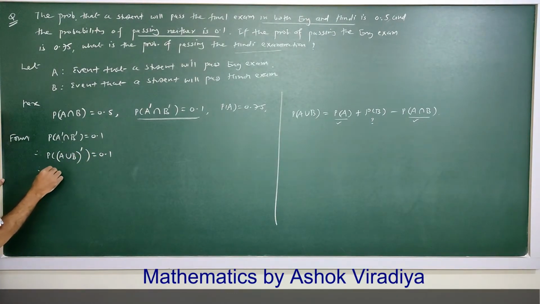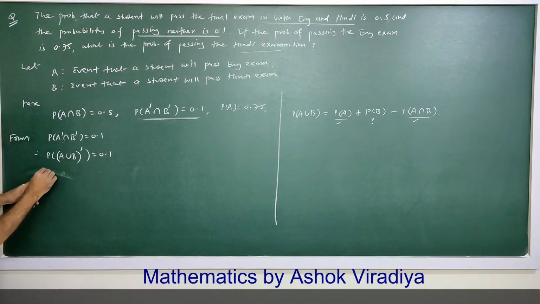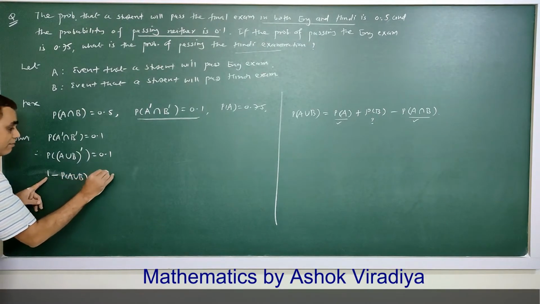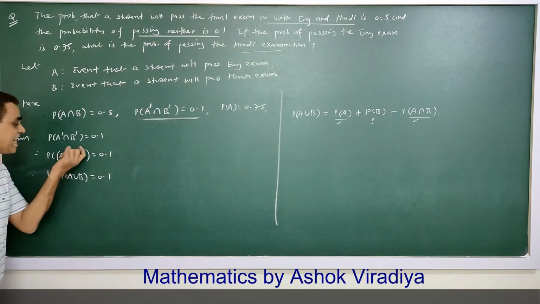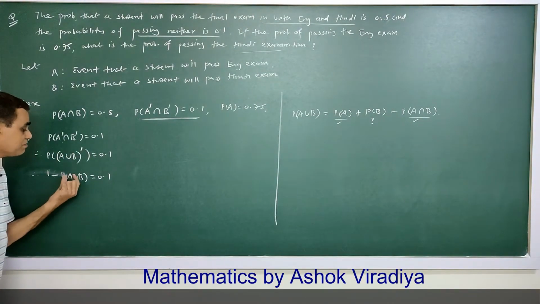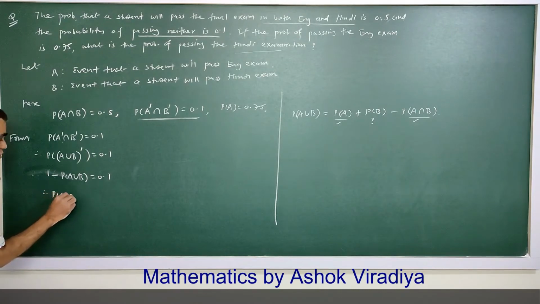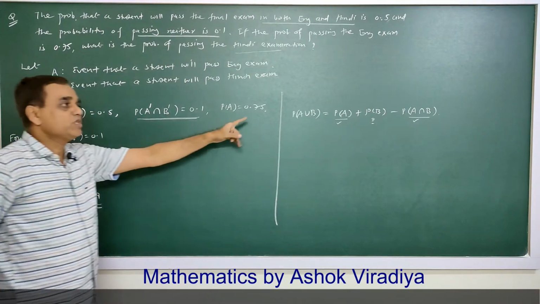Therefore, probability of A union B whole dash, that is 1 minus P of A union B, is 0.1. Since P of E dash is 1 minus P of E, probability of A union B is 0.9.